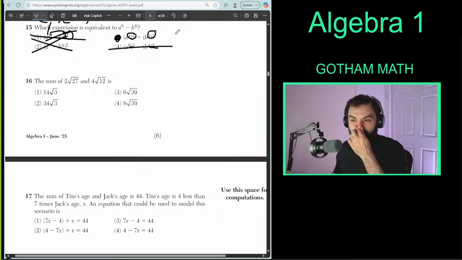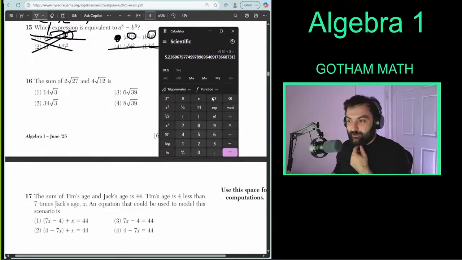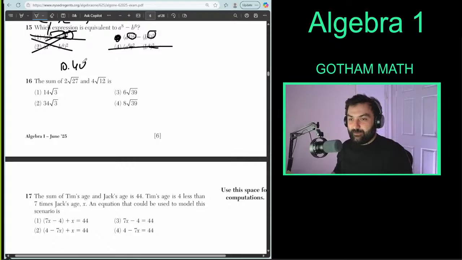But for now, what you could have done is just do it on a calculator. Square root of, yes, it's going to take a while, but so what? You can do it literally this way. 27 radical times 2. Boom. 10 point whatever, 40, right? Write it down.